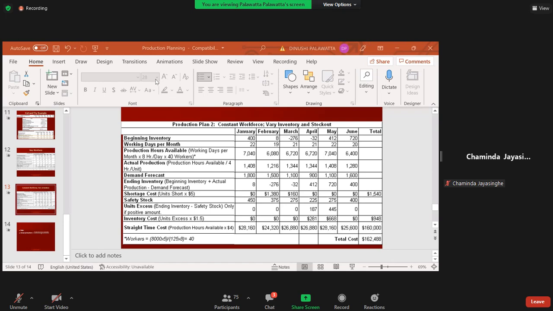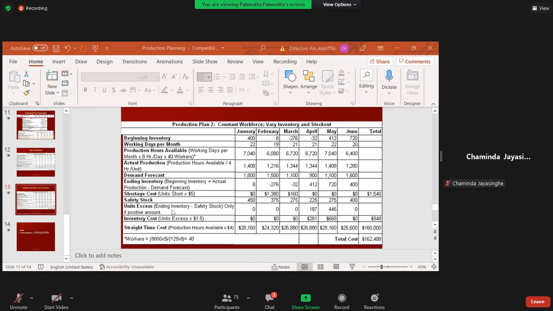So in this question, the shortage cost has been given as such. Safety stock is considered for which calculation? Here, in the excess unit calculation, we use safety stock.